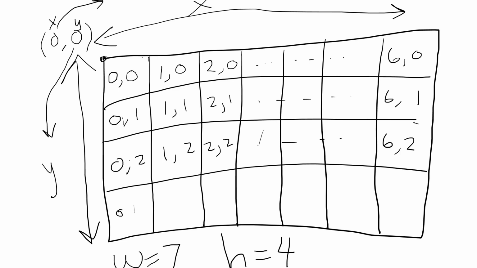And then finally 0, 3, 1, 3, and so on and so forth until the bottom right hand is X equal to 6, Y equal to 3. So X goes from 0 to the length minus 1, from left to right, and then from top to bottom, Y goes from 0 to the height minus 1. So that is how an image is laid out in terms of pixels.